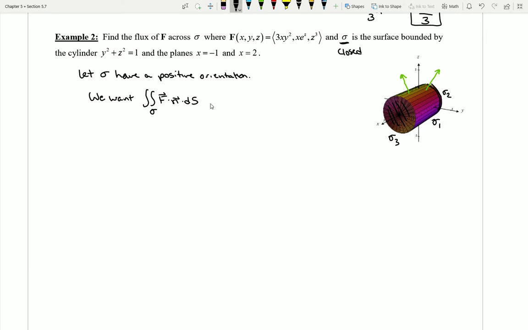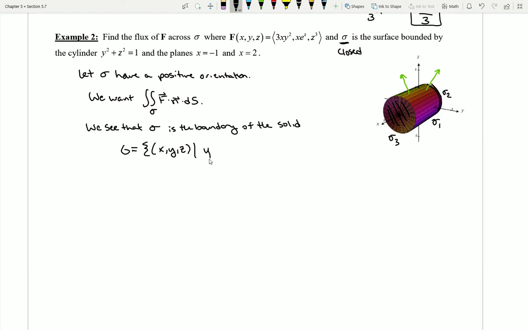Of course, then, we can say that sigma is the boundary of the solid G, which we can say is given by a bunch of x, y, z points, and I know how to define them.